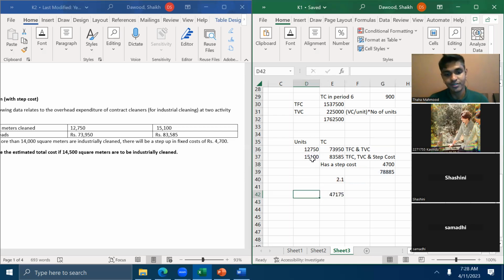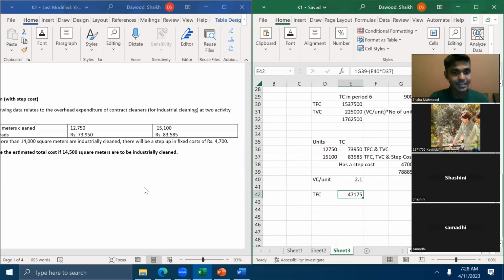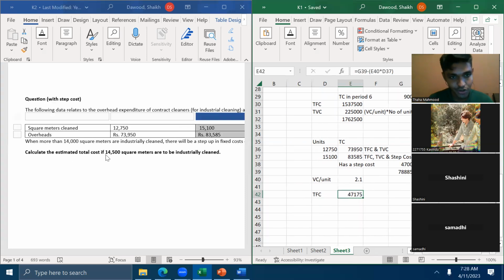So this would be the total fixed cost. We can then use the formula, TC equals 47,175 plus 2.1x.